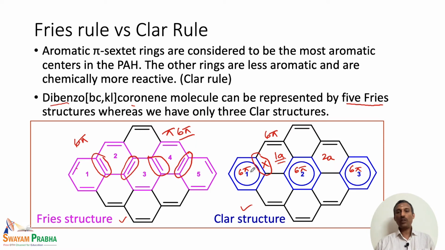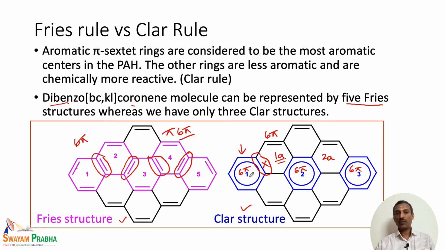So, why do we need to know about the Frey structure and the Clar structure? When we talk about reactivity, it is very essential to understand what a Clar structure and a Frey structure are, because the stability is gained by 6 pi electron ring systems. If I am going to talk about the reactivity of this particular compound, which ring will undergo reaction can be easily explained based on the Clar structure.